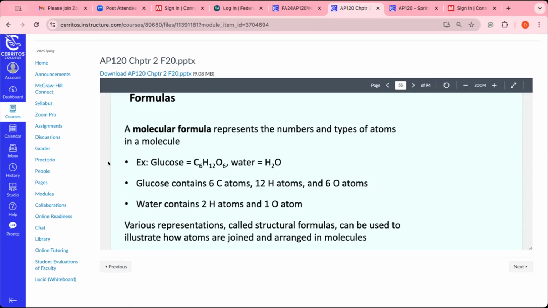Okay. Various representations called structural formulas can be used to illustrate how atoms are joined and arranged in molecules.